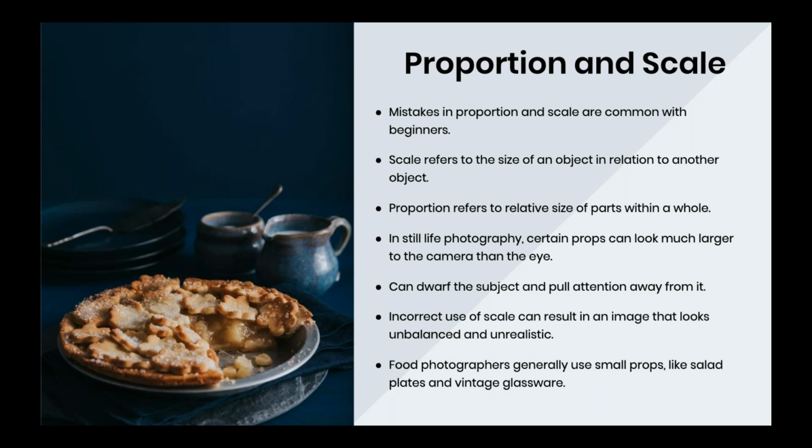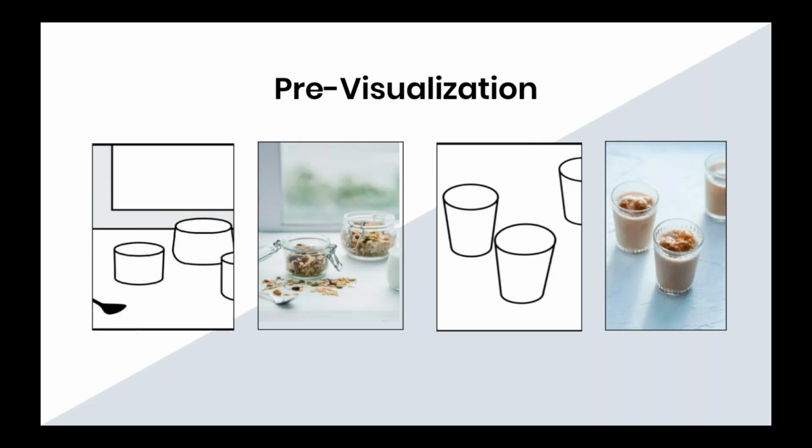Also, salad plates are more often used than dinner plates, because a lot of times you can't really tell how large a plate is unless it's in relationship to other things on the set. So just be really careful about watching the scale and the sizes of your props in comparison to your main subject. The main subject always wants to have the most attention.